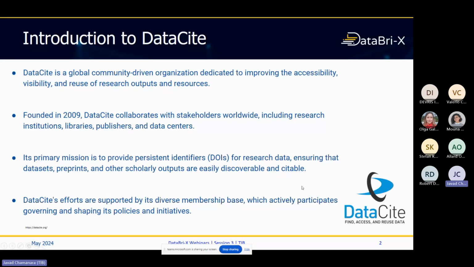As I said, its main objective is to provide DOIs for research data, which means that the data set that you use for the research, or the data set that you produce as a result of your research, or any data paper in which you explain your data set, can be good candidates for getting this kind of DOIs from DataCite.